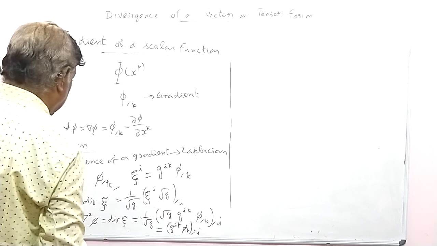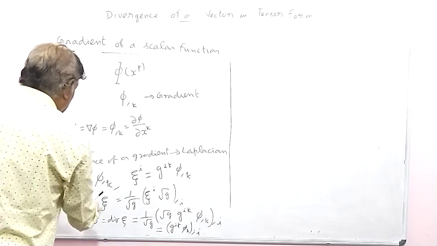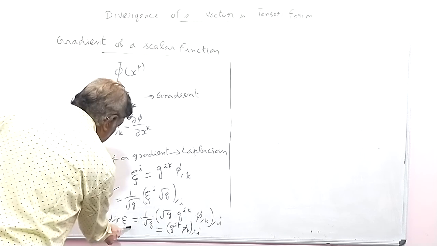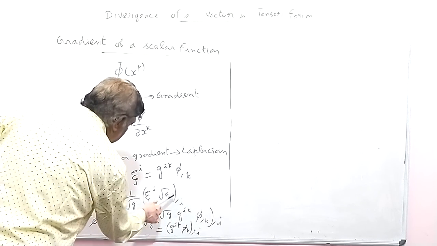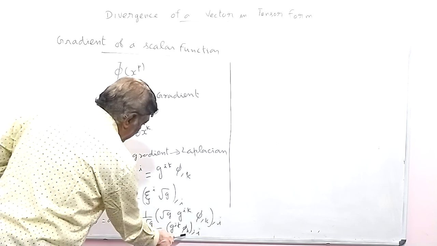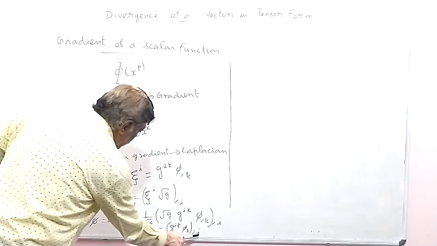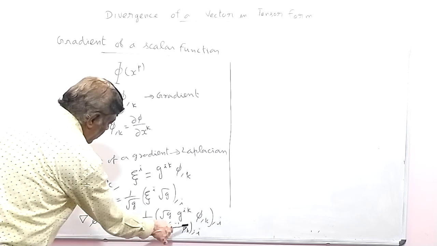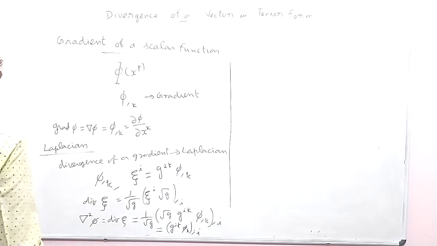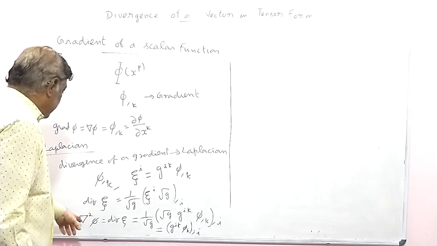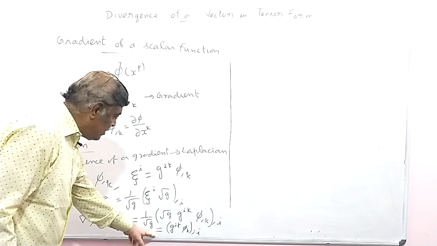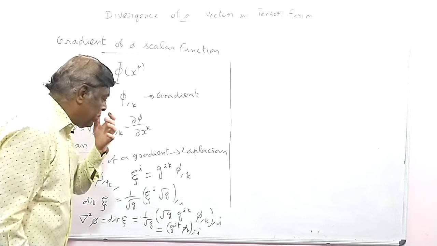So the divergence of psi, according to the definition, you write as psi k semicolon. This is the divergence of psi. So now this is the Laplacian. The Laplacian del square phi can be expressed in this form: g ik phi k semicolon.